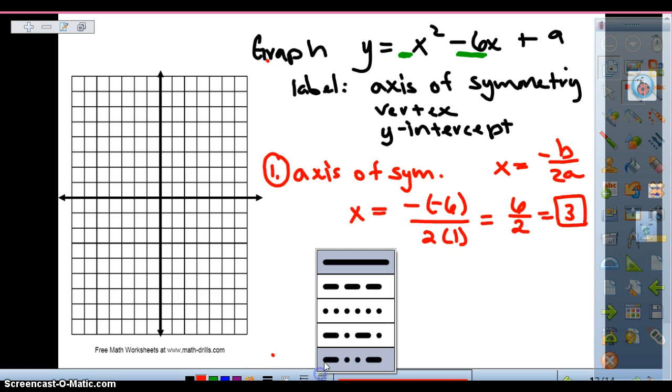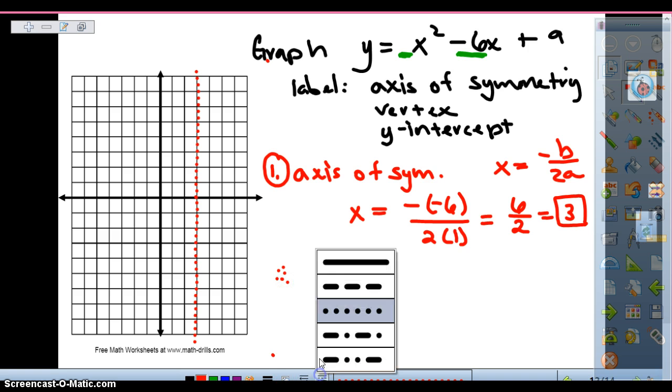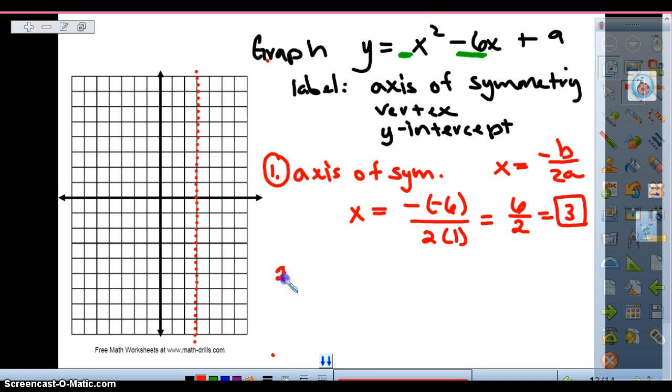So let's go back to our graph and start by plotting our axis of symmetry at x equals 3. Step 2. Find the vertex. Now the x-coordinate of the vertex will be 3 because our vertex lies on the axis of symmetry.